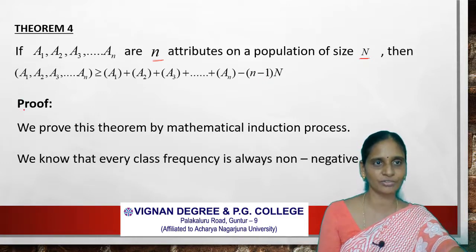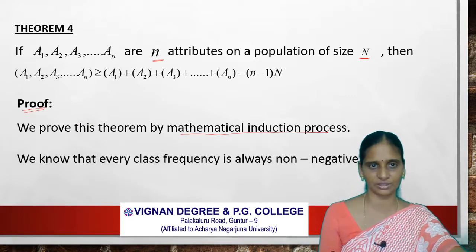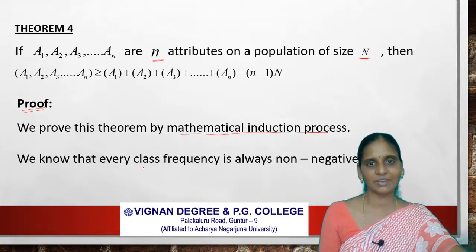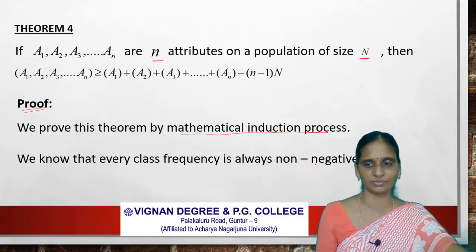So what is the proof of this theorem? We prove this theorem by using the mathematical induction process. Here we know that each and every class frequency value is always non-negative. That means class frequency is always positive.